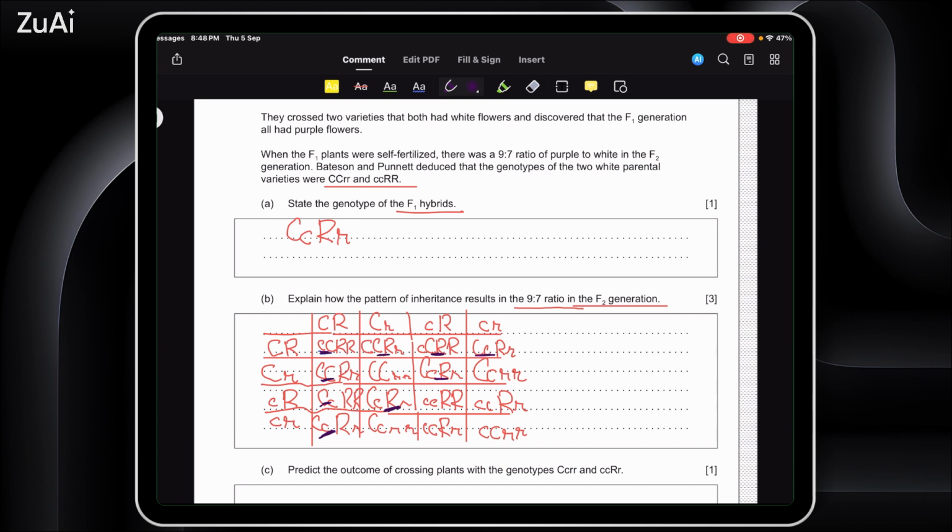Okay, so you can easily see. So this is our F2 generation.